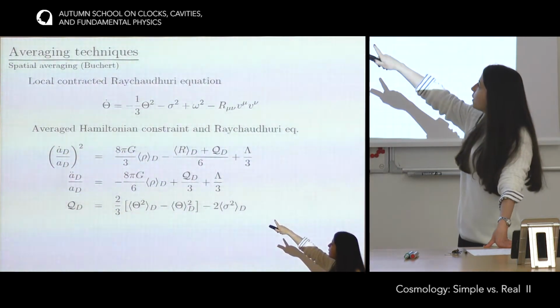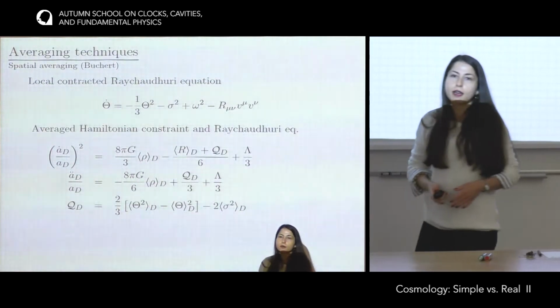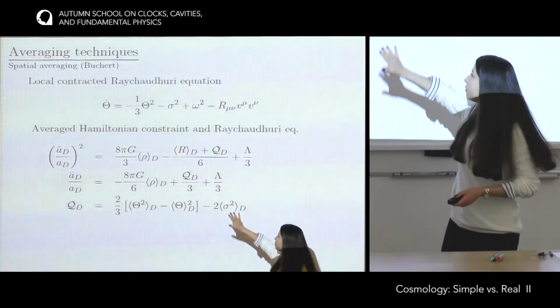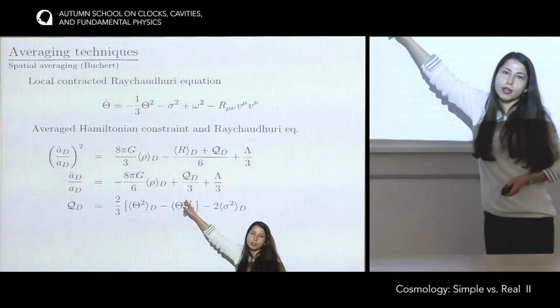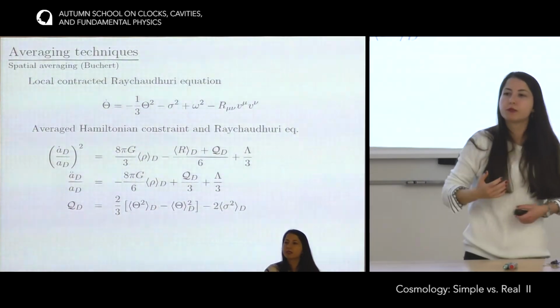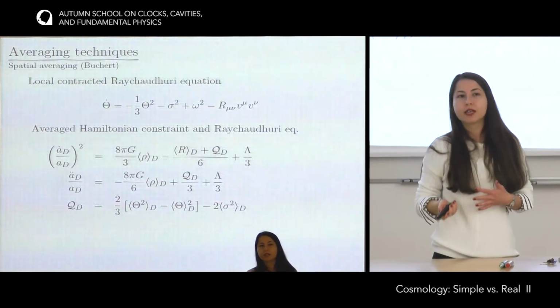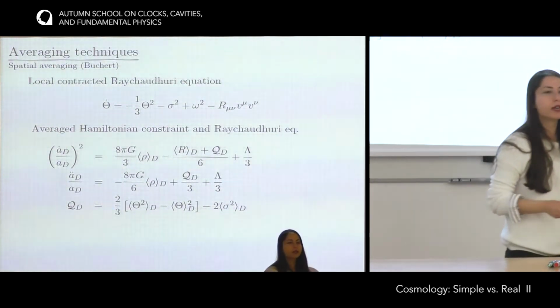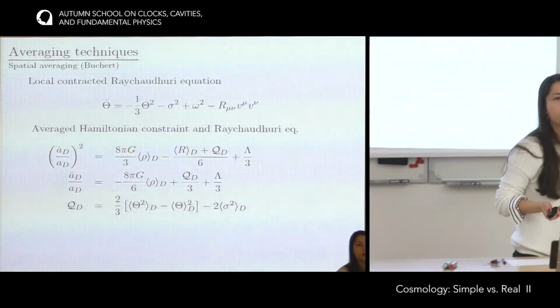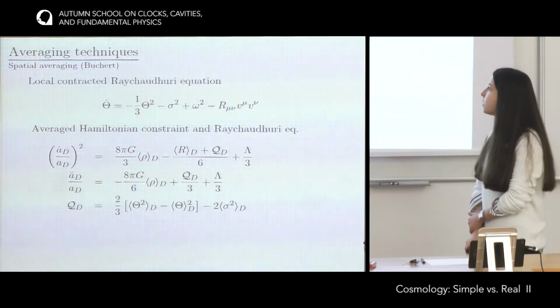If you look at the equation, you see that it's doing the same job as lambda. So you can turn off lambda and turn on back reaction, which comes from this non-local effect of the averaging procedure, and you can create the same effect as lambda without introducing any new modified theory of gravity, etc.